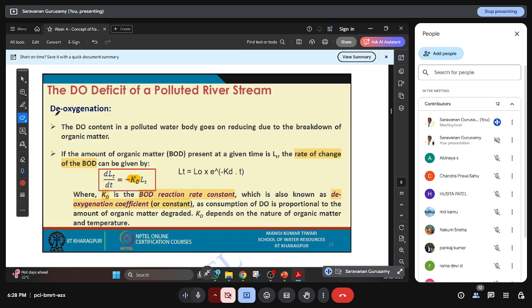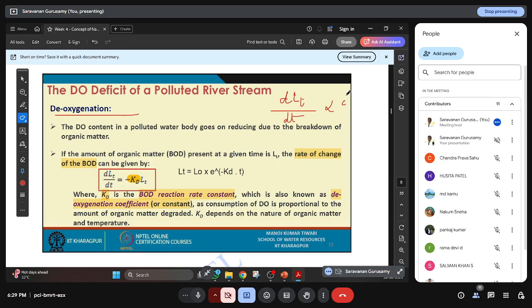Then what is deoxygenation that I explained? Oxygen will go on reducing due to the breakdown of organic matter by the microorganisms. Why is the oxygen reduced? BOD is consumed. So how much BOD is reduced? BOD is Lt, right? How much BOD is reduced is directly proportional to how much oxygen is reduced.